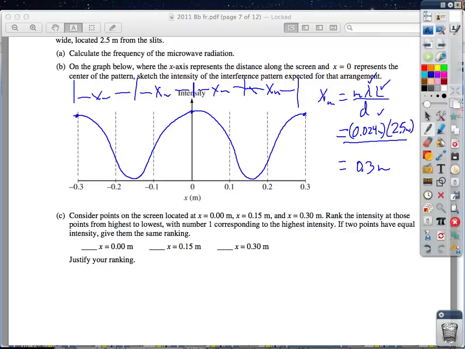So rank them according to highest intensity. I'm thinking we're saying 1, 2, and 3, right? Because 3 should be dark. Yeah, these are the dark bands, and these are the bright bands. And you remember how, as you go away from the center, they get dimmer.